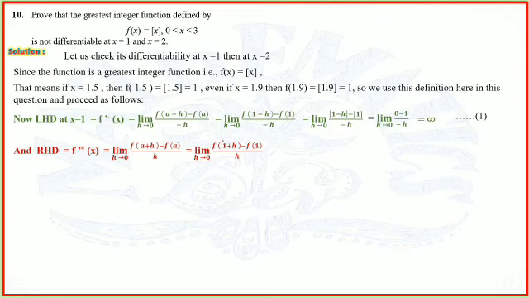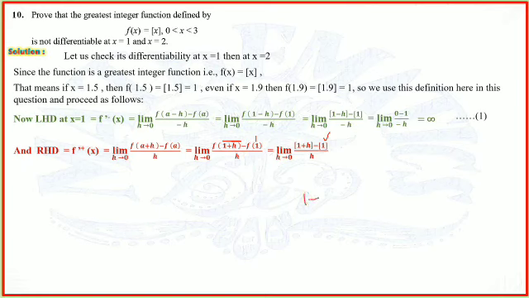Now we'll put in place of x, 1 plus h, and in place of a, 1 only. Limit h tends to 0, greatest integer function 1 plus h minus greatest integer function 1 upon h. Since 1 is already an integer, its value will remain as it is, 1.